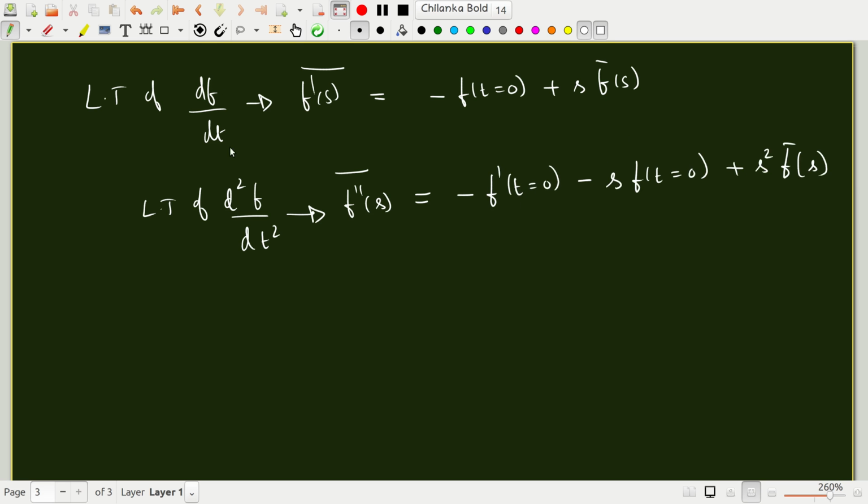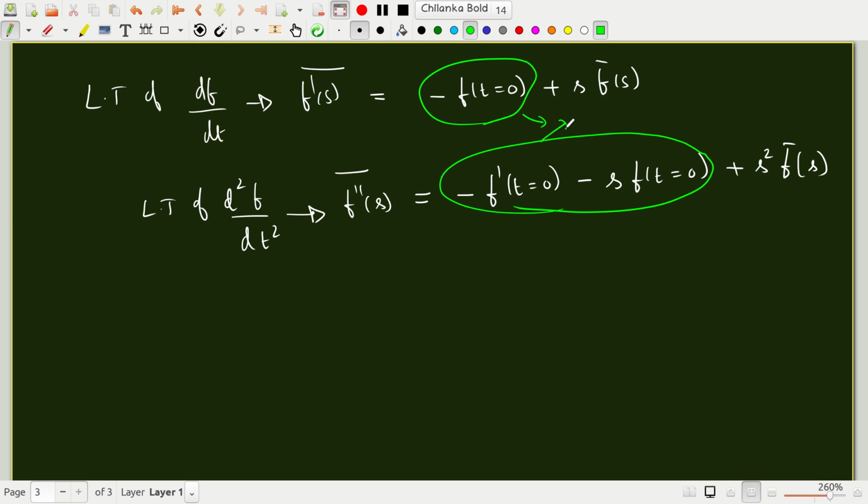So all the derivatives are now written as some algebraic expression, such that there is no time derivative in s, it's only s times f bar of s, s squared times f bar of s. Now what about these terms? How do you find out these terms?